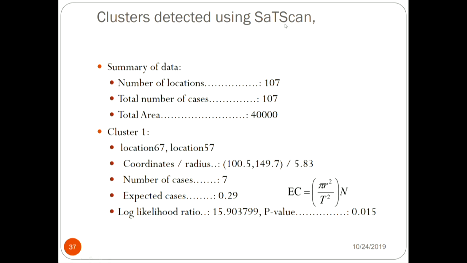By using SaTScan, which uses the maximum likelihood ratio test, we found that there are 7 cases in about the same region with a significantly low p-value, and the log likelihood ratio test statistic was about 15. So this was the output from SaTScan.